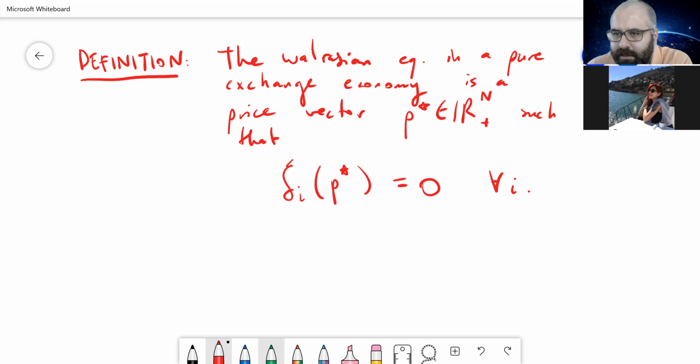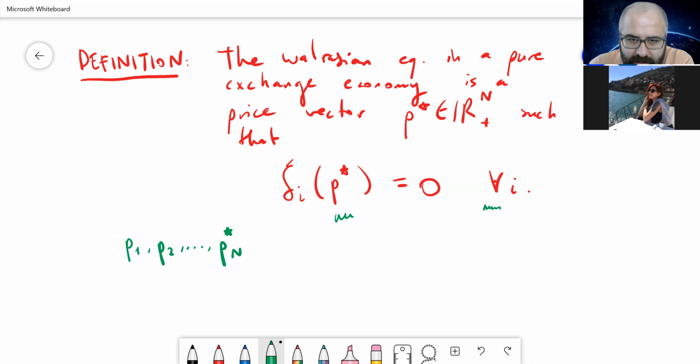In each market, I must see that at these equilibrium prices, excess demands must be 0. All right? So what's the implication of this? Well, how many unknowns do you have? You have P1, P2, ..., Pn star. So these are your unknowns.